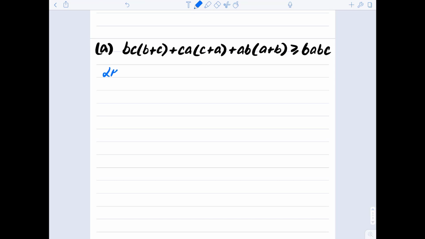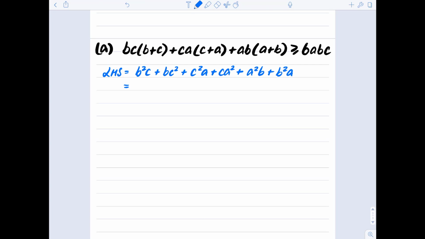So the left-hand side expanded is b squared c plus bc squared plus c squared a plus ac squared plus a squared b plus b squared a. Okay, now grouping time. I don't want to group back to the original, so instead I'm going to find something else together.